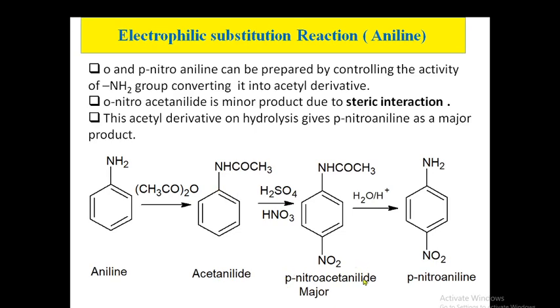So the product you will get here is para nitroacetanilide, which further undergoes hydrolysis in acidic medium to form para nitroaniline. So in this way you can get the para nitroaniline also, by employing these steps: first protection, then do the reaction, and then deprotection by hydrolysis reaction.